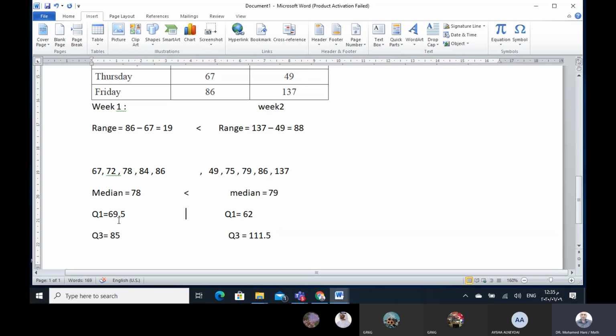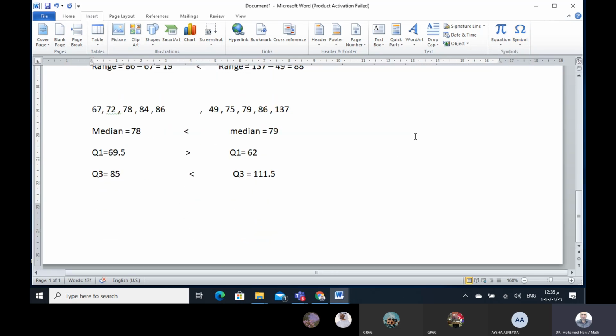So Q1 here is greater than in the first week. So we can write greater than. Then here Q3, here we have 85, here we have 111.5. So here we can write the next week is greater.